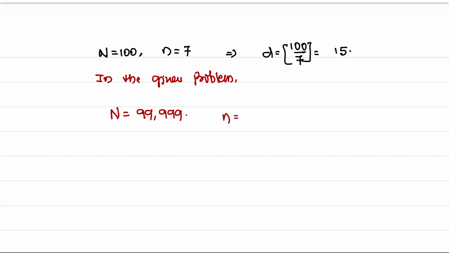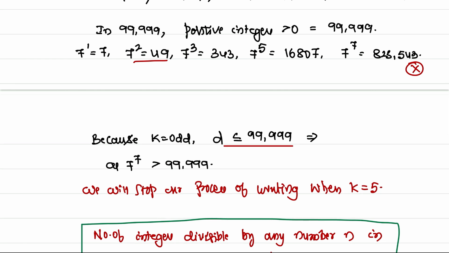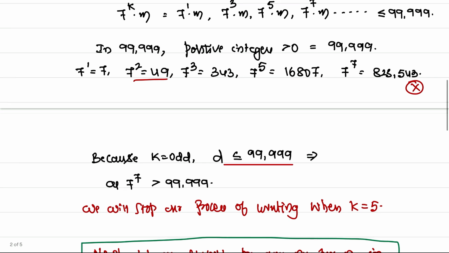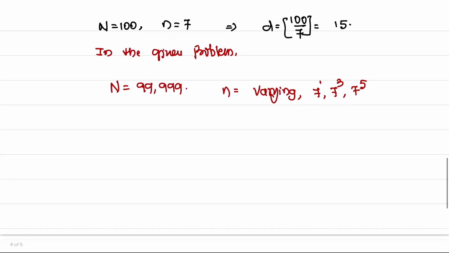What is n? n is varying, because k is varying. n is 7 to the power of 1, 7 to the power of 3, 7 to the power of 5, because 7 to the power of 7 is not required. 7 to the power of 7 is more than the given condition. Then what happens?